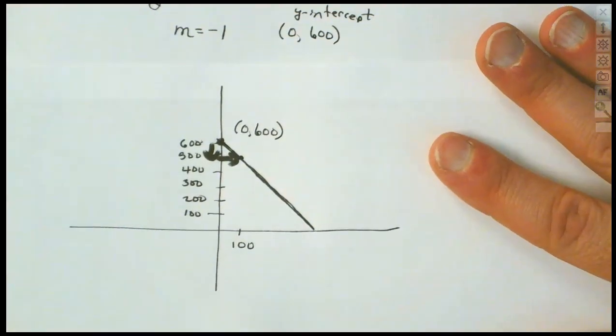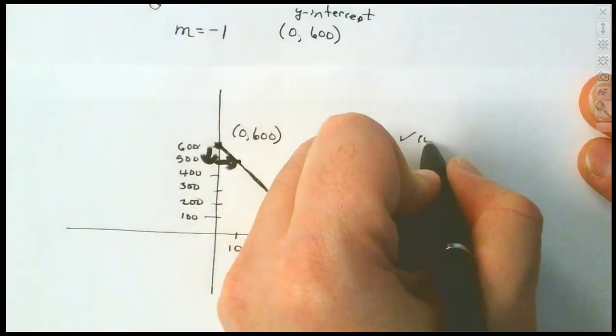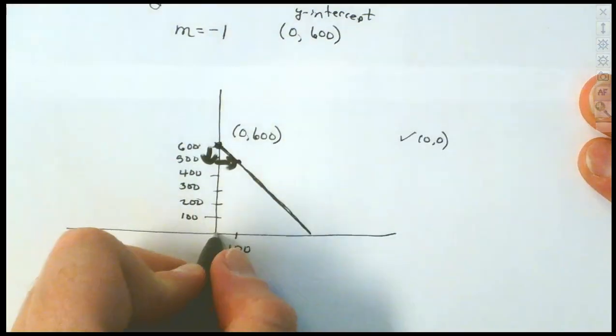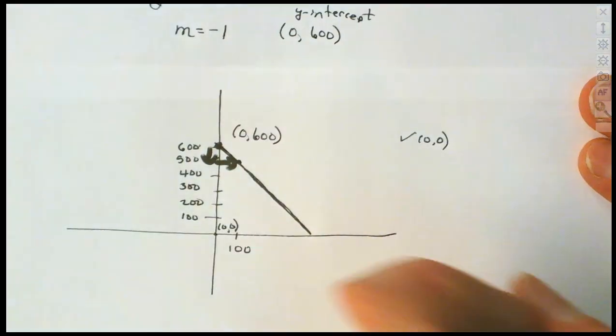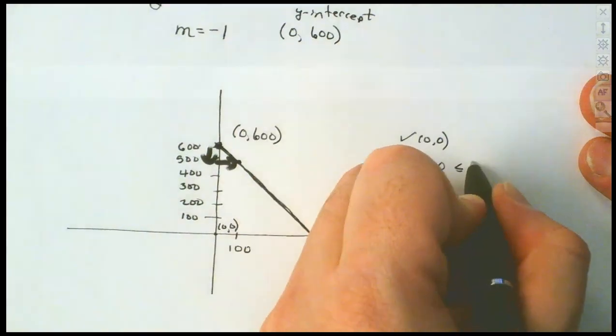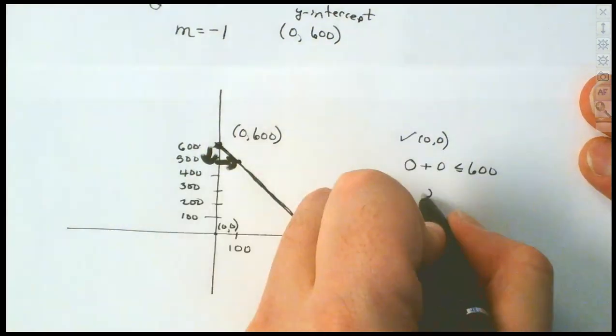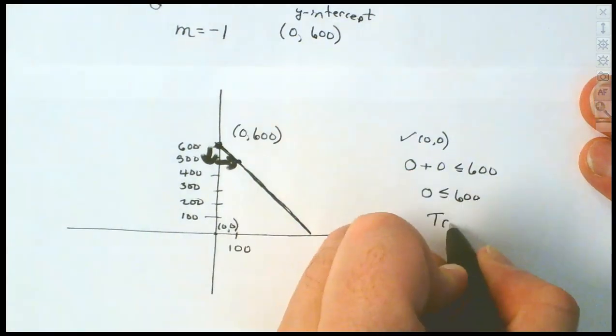Now we do need to check, so let's check (0, 0). And the origin is at (0, 0), which is right here. And we're going to check to see if it's true or false. So we check that out, and that's 0 + 0 ≤ 600. And is 600 bigger than 0? It is. So that's true.